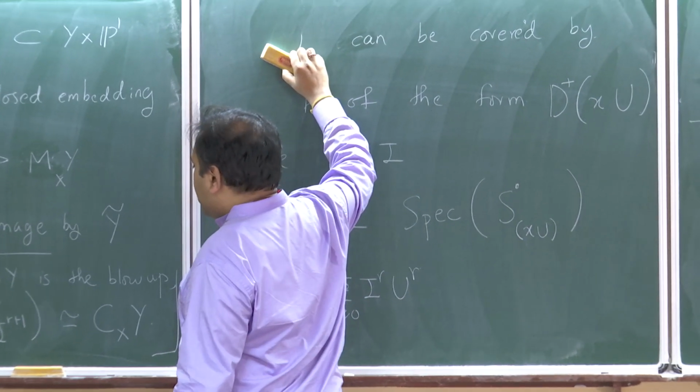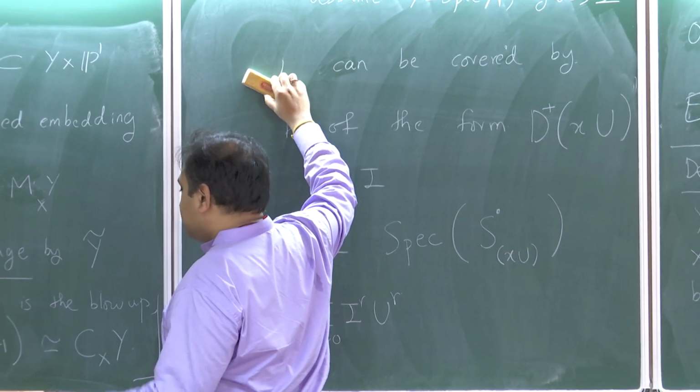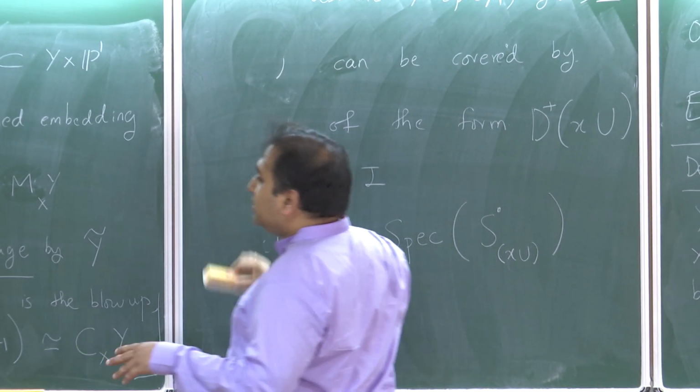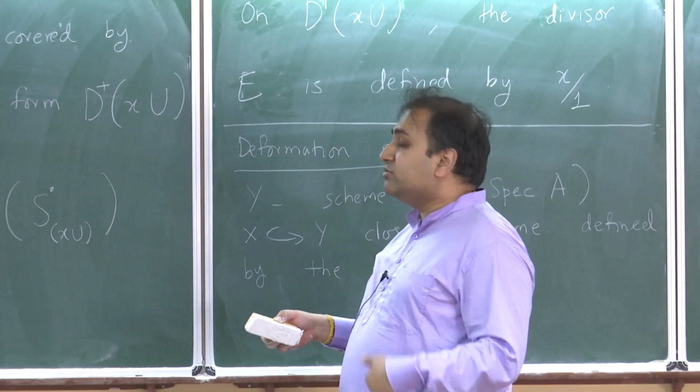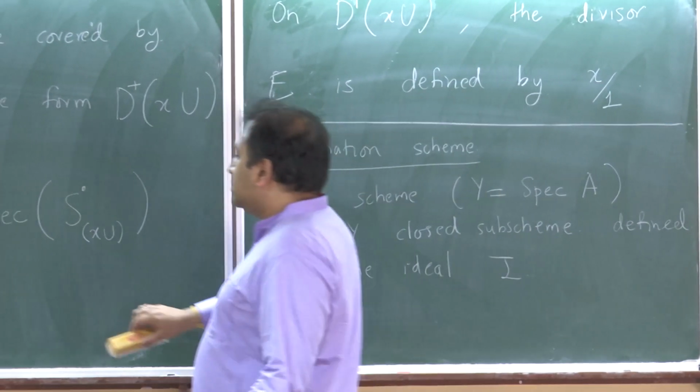of x cross infinity inside y cross A1. So it will actually be the projective completion of the normal cone.